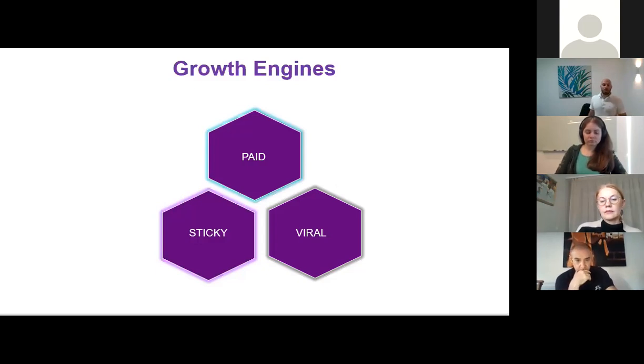Let's move to the sticky growth engine. Sticky growth engine means that you have the opportunity to keep growing while focusing your marketing on long-term customers. It works well for products that need to be purchased repeatedly. For example, Salesforce, a CRM platform.